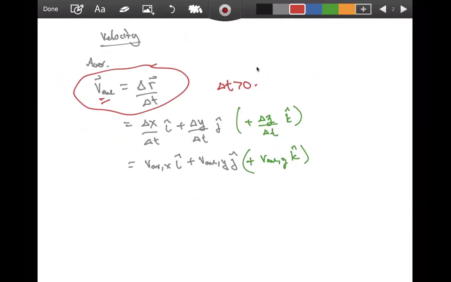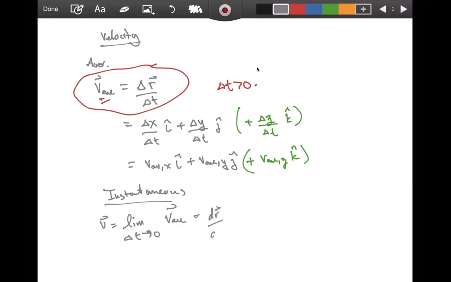From there, we can do our instantaneous velocity. My instantaneous velocity v is simply equal to the limit as delta t goes to 0 of the average velocity, which is just equal to the time rate of change, or the derivative with respect to time, of the position vector.